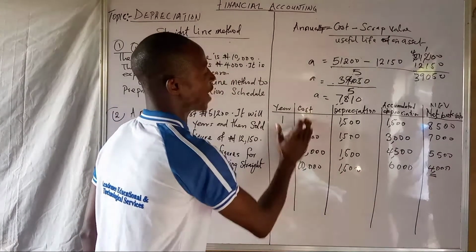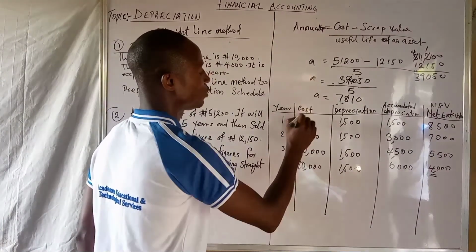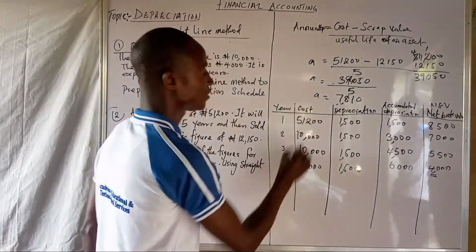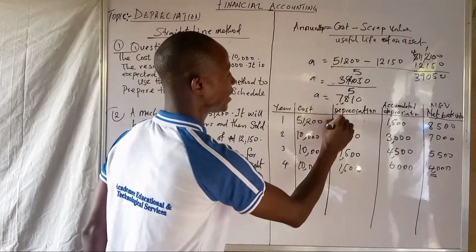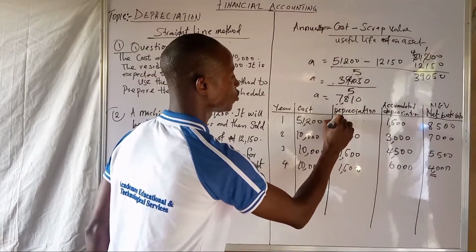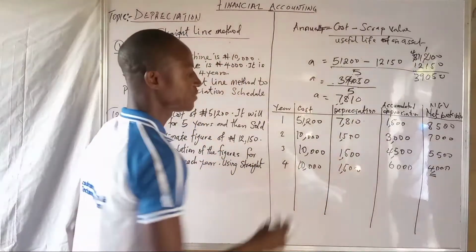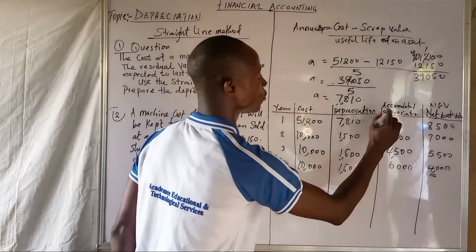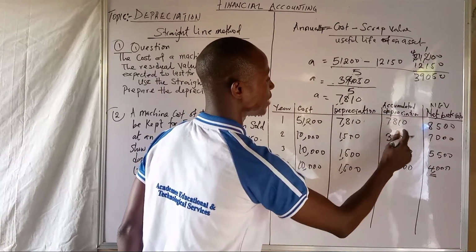So if you want to move into our schedule right now, we are going to put the cost of that asset, because it's equal charges for each year, which is 51,200 naira. So for that first year, the annual charge for depreciation is 7,810. Then the accumulated depreciation is going to be 7,810 naira.